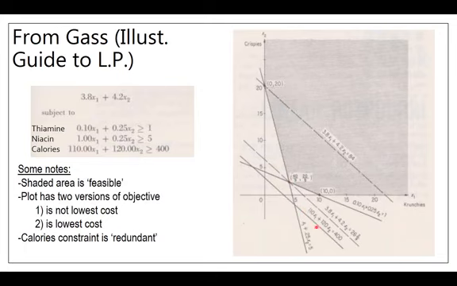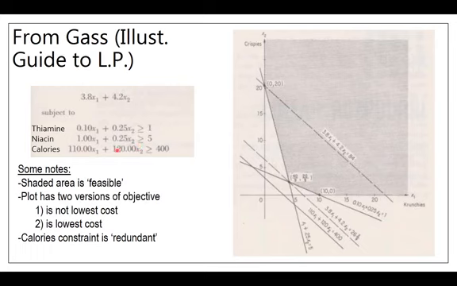We already looked at the thiamine constraint, and this one here is the niacin constraint. And so you have to be simultaneously above the thiamine constraint and above the niacin constraint, and so that's why the shaded area, this is the non-negativity constraint kicking on right here. You have to be above this, above this, above this, and above this all at the same time.